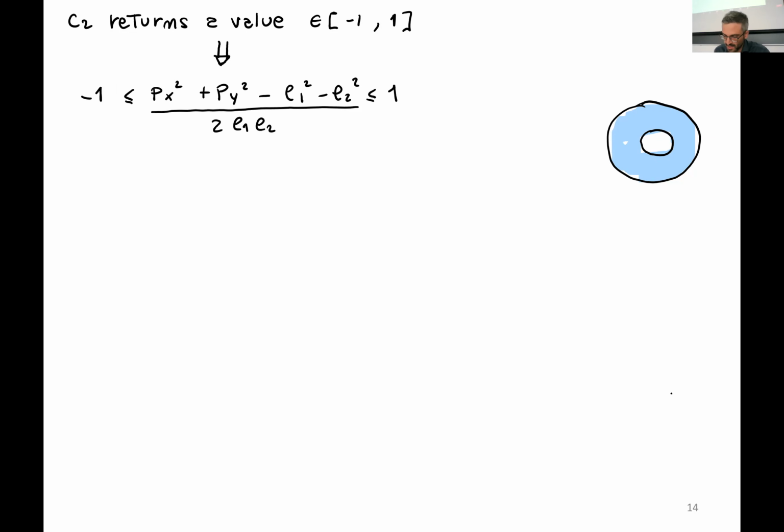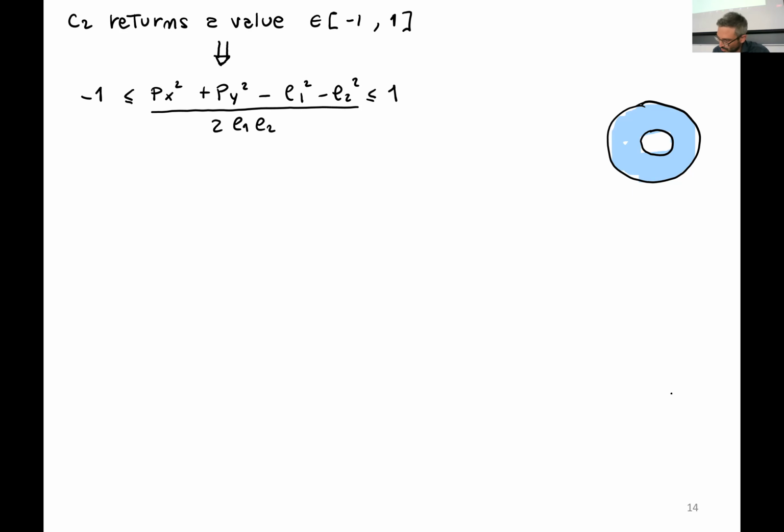Okay? Then the cosine of Q2 returns a value between -1 and 1. And this is a very good check. Remember to be sure that the end effector is inside the primary workspace.